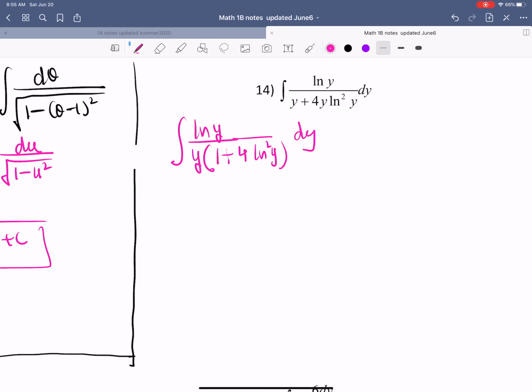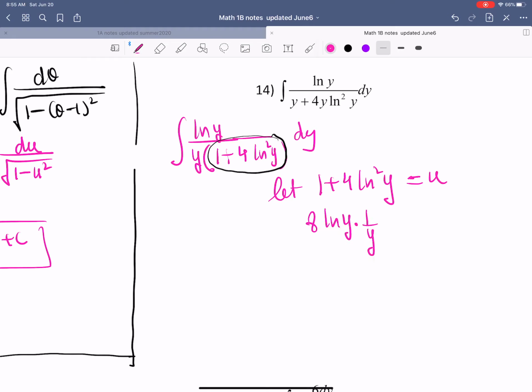Okay, so now if I let 1 plus 4 natural log of square root y be u, this bottom thing, then I have 8 natural log of y times 1 over y dy as du.